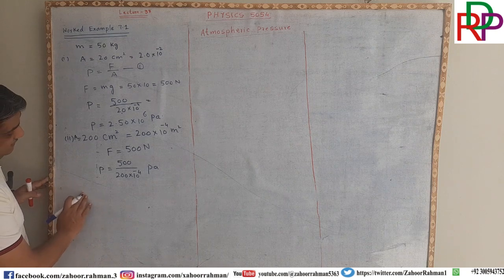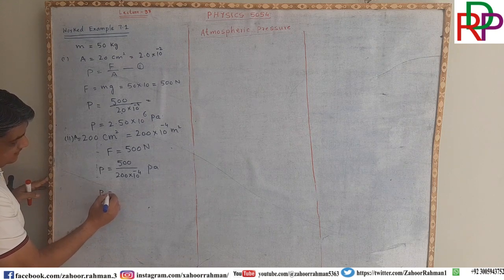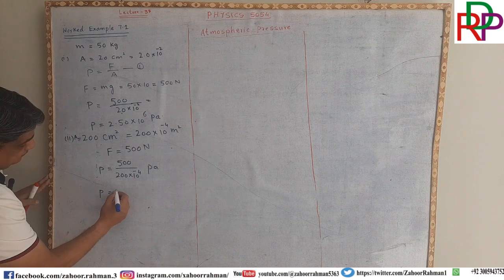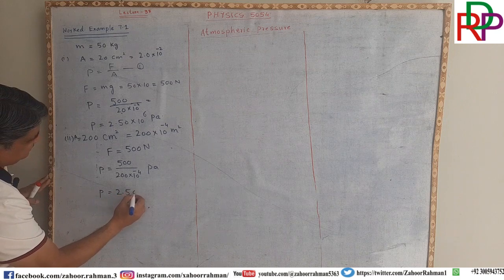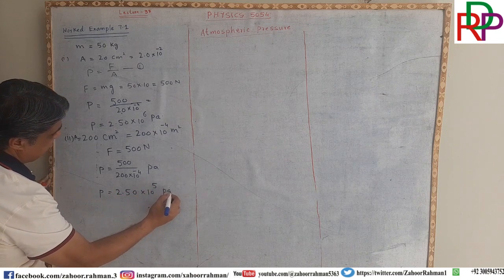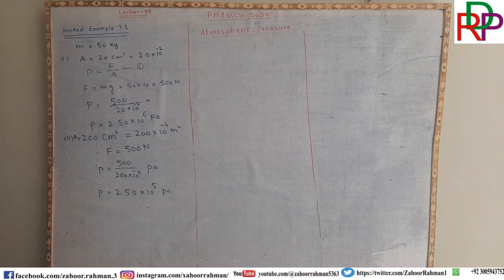When we calculate this, we get 2.50 into 10 raised to the power 5 Pascal.